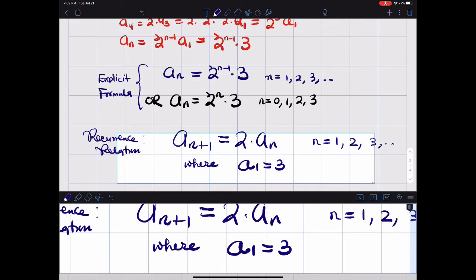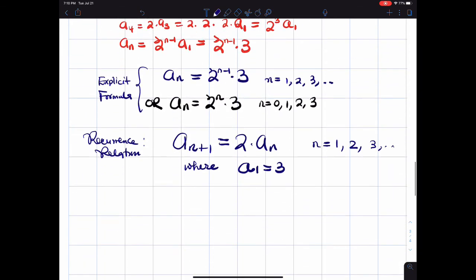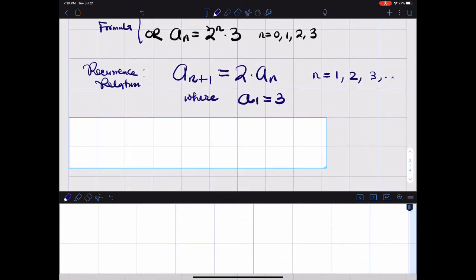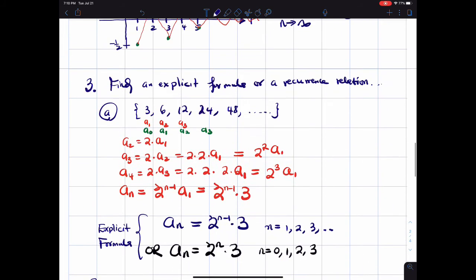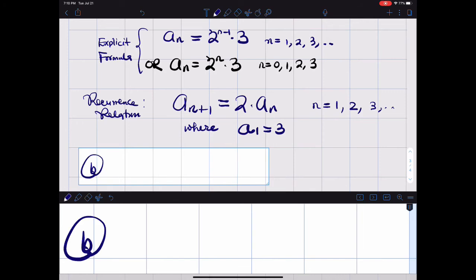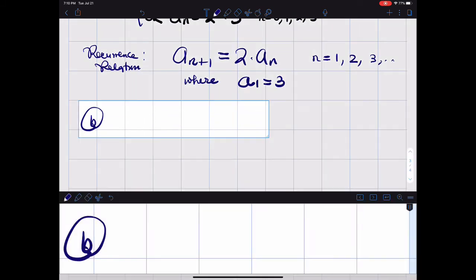All right. Let's try another one. B. How about this sequence?